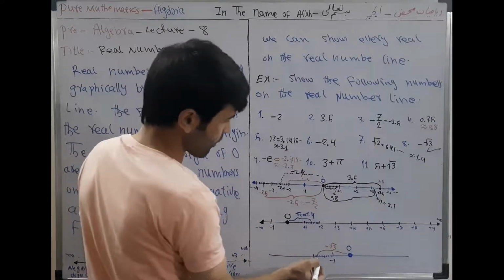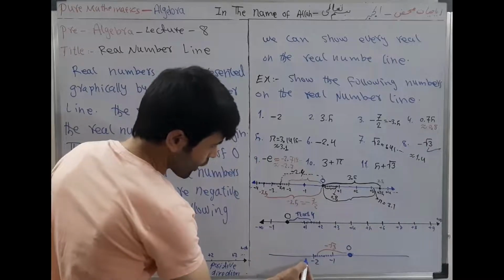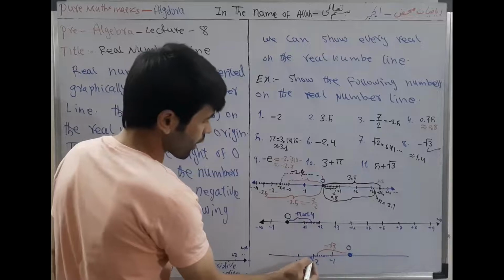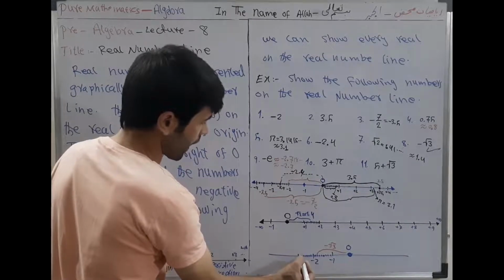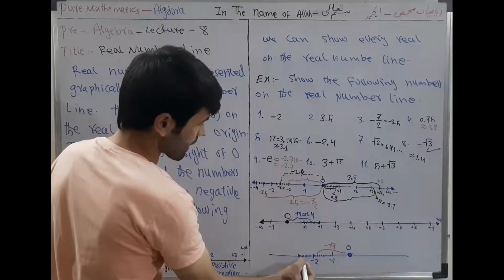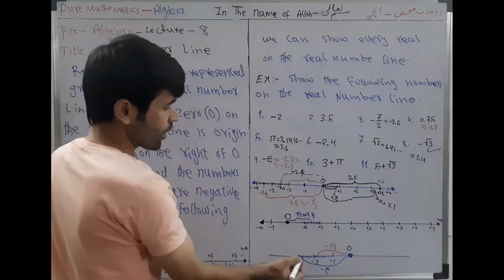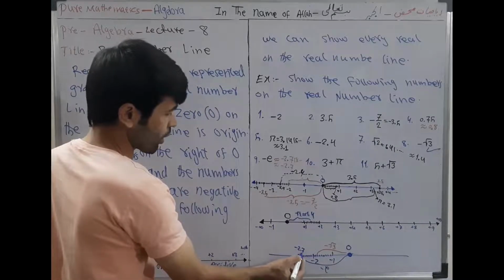Minus 2.7 is between minus 2 and minus 3: 1, 2, 3, 4, 5, 6, 7, 8, 9. Here it is minus e. Actually, here is minus 2.7, this location.